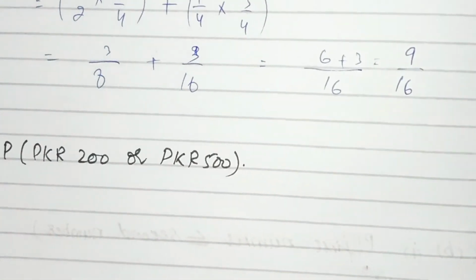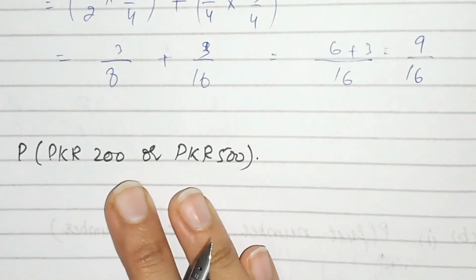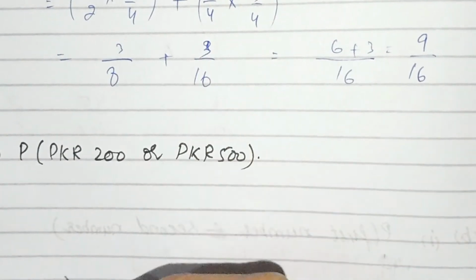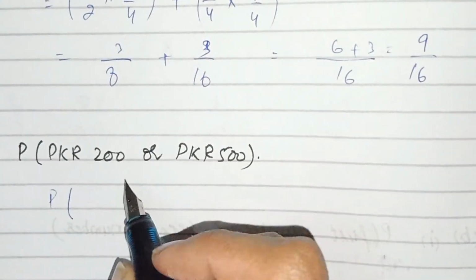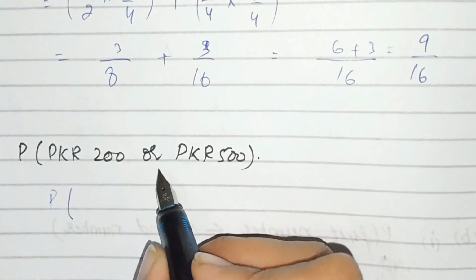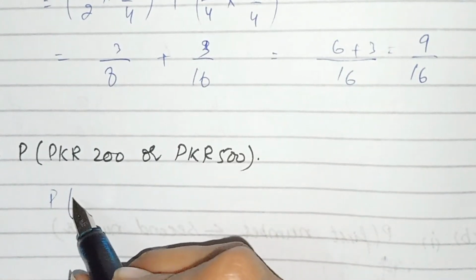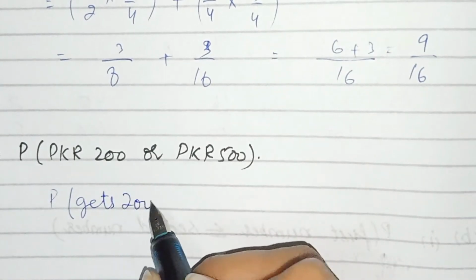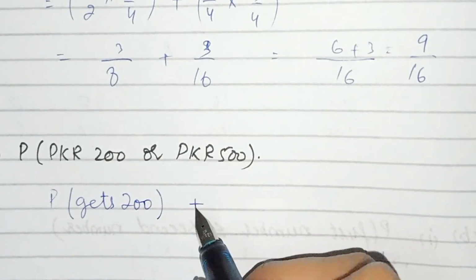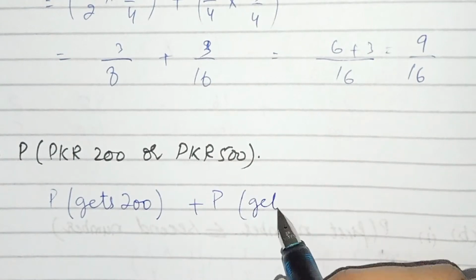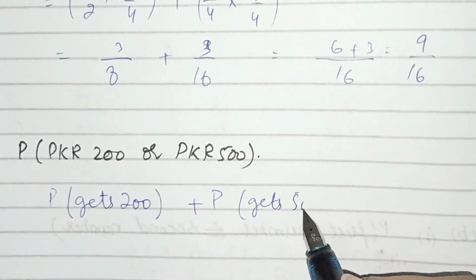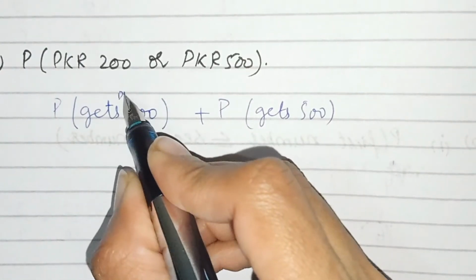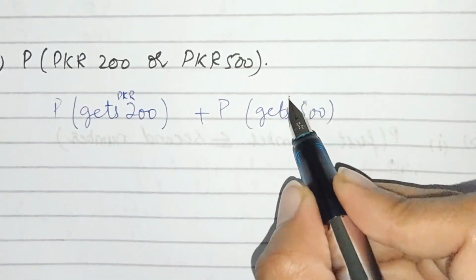In the third part, the probability of getting the rupees 200 or 500, we already found the probability of getting 200 and 500. We have to add them. Probability gets 200, or means addition, probability gets 500. You have to write PKR also.